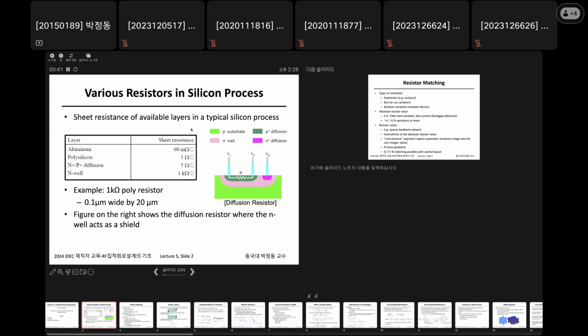So in silicon process, there are several resistors available. Typically the available resistors are the diffusion resistor. As can be shown in the cross-section view, it has a P plus diffusion, and it is typically implemented inside of the N well.